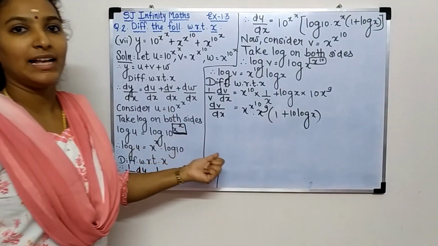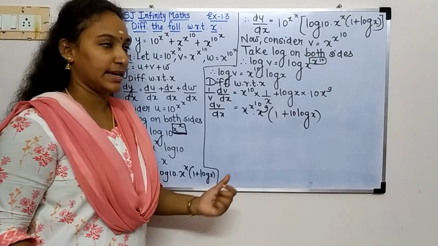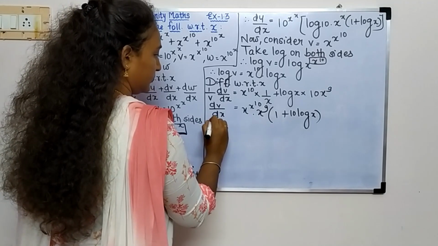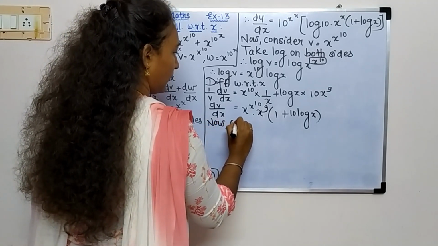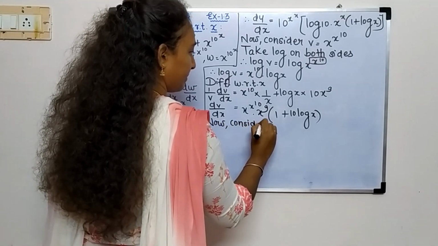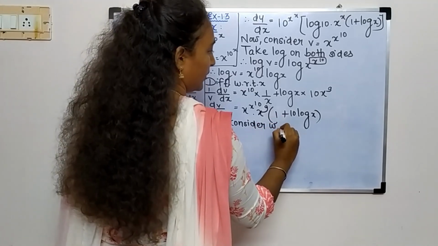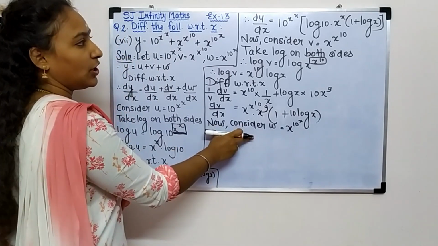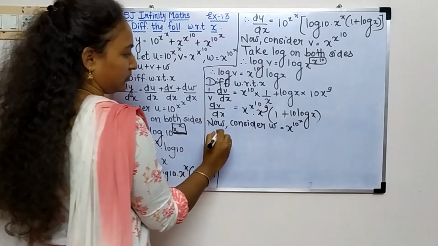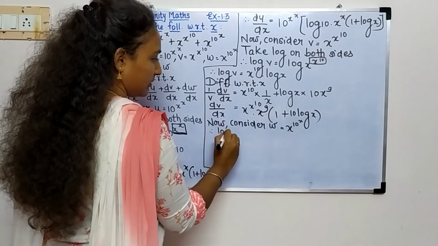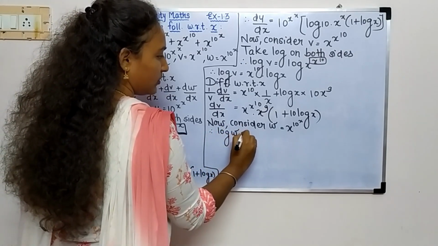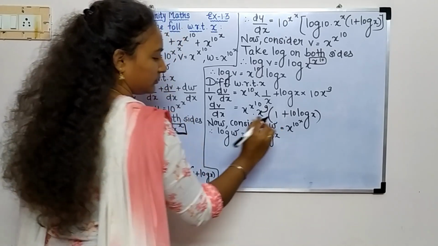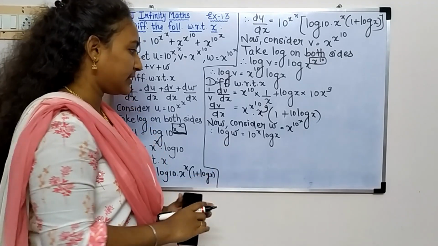So now we can calculate dw by dx. Consider our w, x raised to 10 raised to x. Now we take log on both sides. Therefore we get log w is equal to 10 power x log of x. Now let us differentiate this.